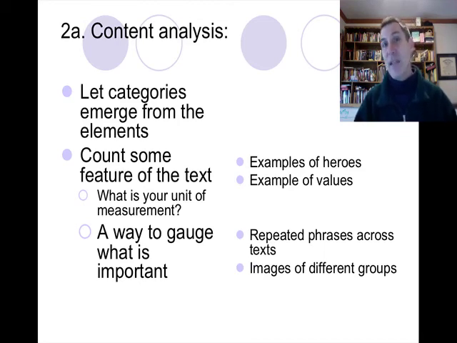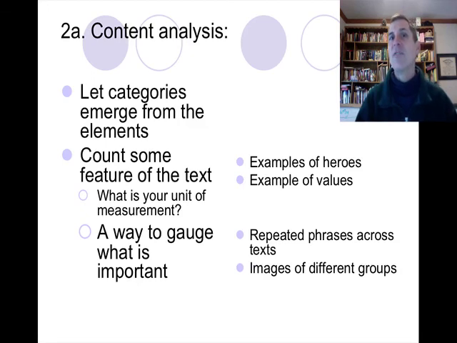It may be that in reading those, then, you begin to get a sense of some of the elements. Who are heroes, for example, that may show up in that newsletter? Or statements, because of their frequency of use, suggest at least values that the organization wants others to be aware of. So looking for those repeated phrases. And in some cases, the text may involve images.